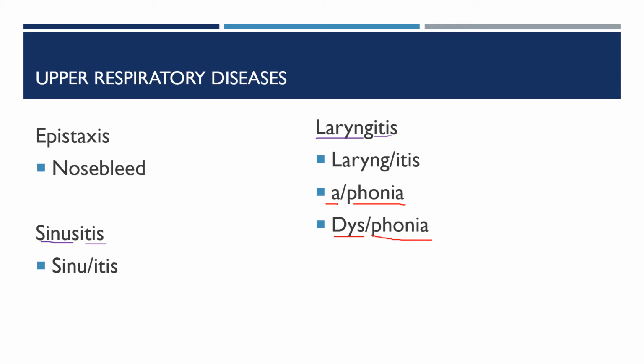Dysphonia is difficult or painful speaking. Again, similar to epistaxis and sinusitis, if you figure out the cause, then you can get rid of the laryngitis. If it's bacterial, antibiotics. If it's viral, it's rest, fluids, and anti-inflammatories. If it's allergic, get rid of the allergen, etc., and it'll go away.